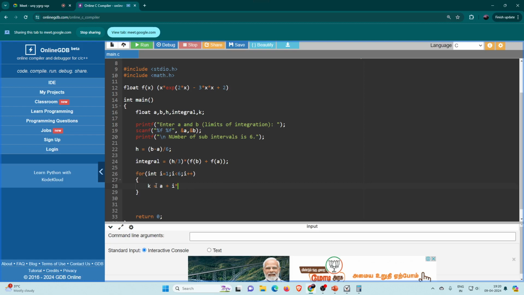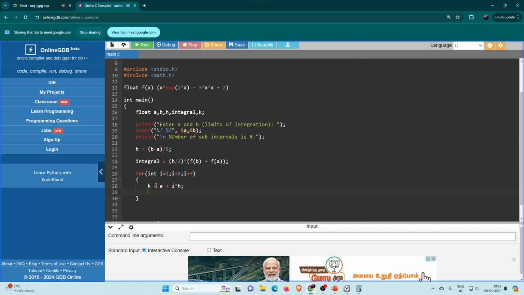So if I start with 0, my first one will be 0.2, then it will be 0.4, 0.6, 0.8, right? So i into step size is h. So k is the step, right? At what value I am at, that is k.